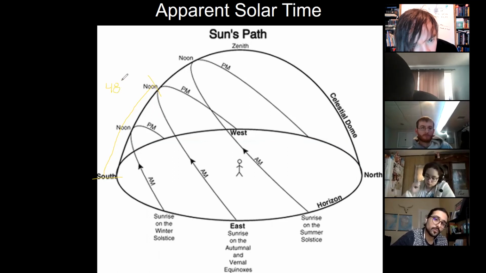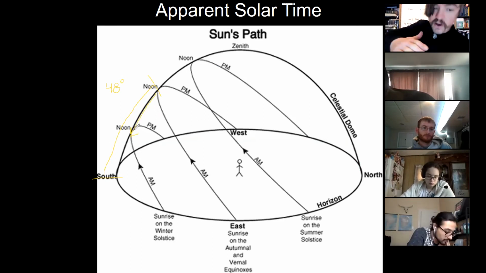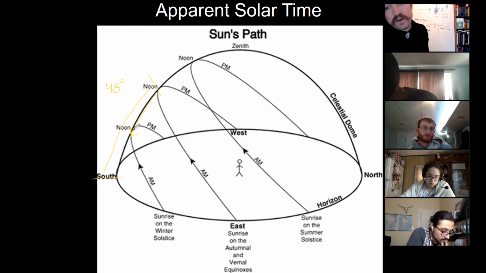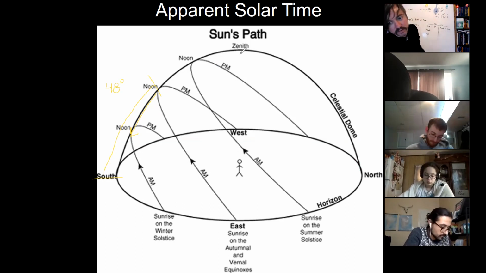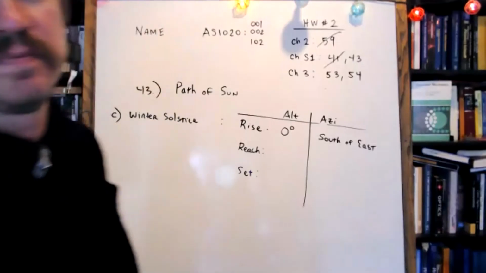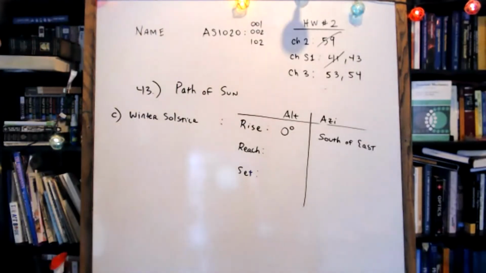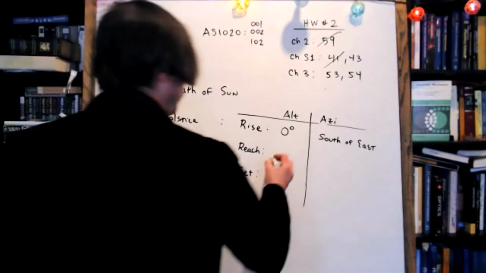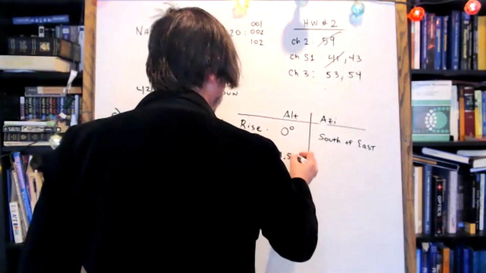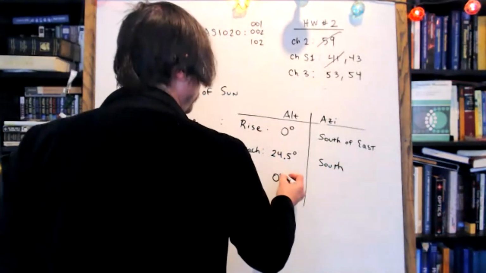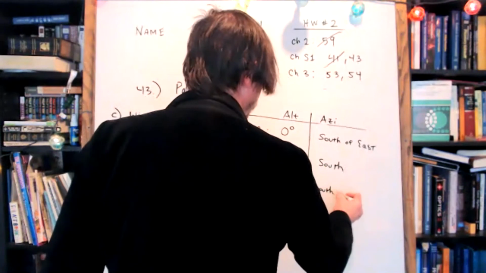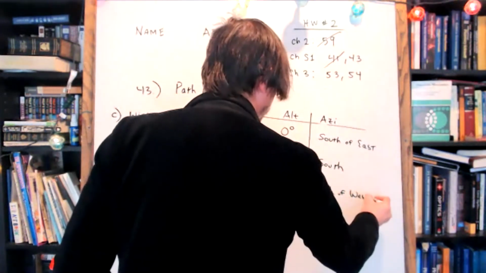But on the winter solstice, which we just passed, the sun is 23.5 degrees below the celestial equator. So do 48 minus 23.5. What does that give us? 24.5 degrees, and that's south. And then the set will just be 0 degrees south of west.